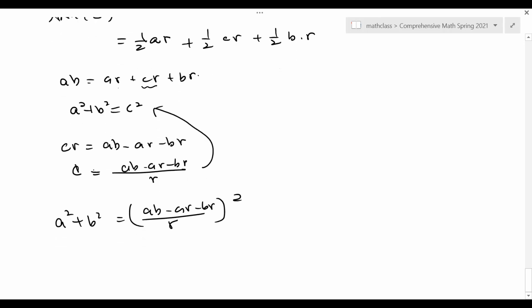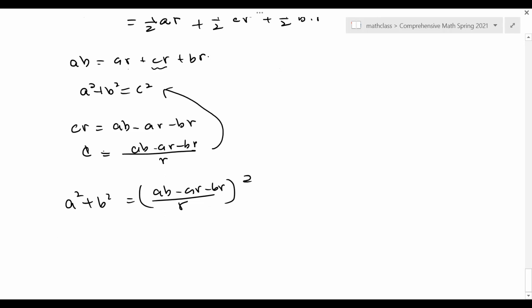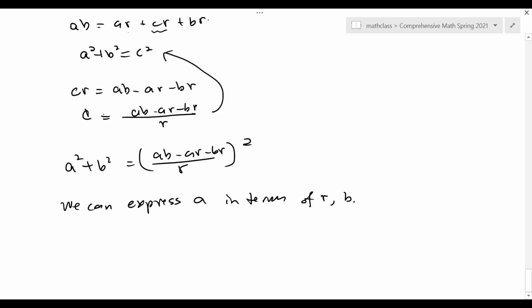And clearly you can find A. You can express A in terms of B and R. This is a quadratic equation, so we can definitely express A in terms of R and B, because that's the one single equation.